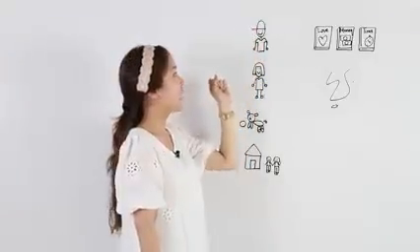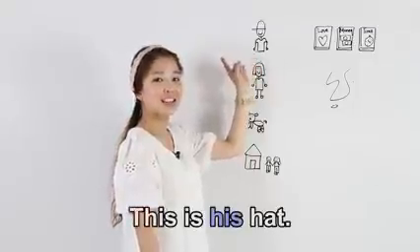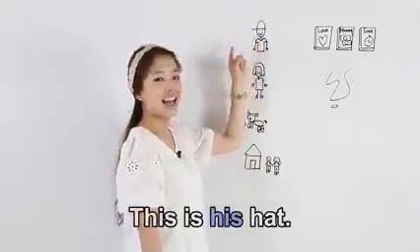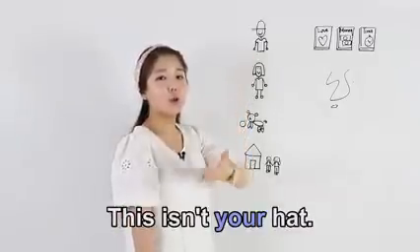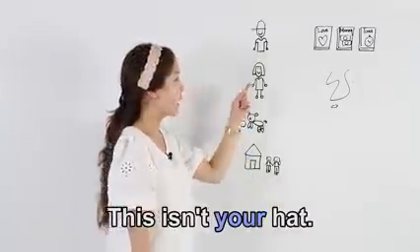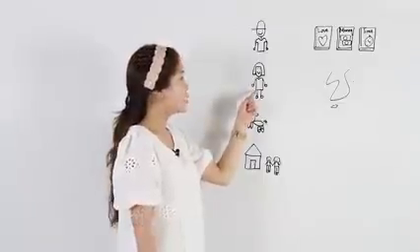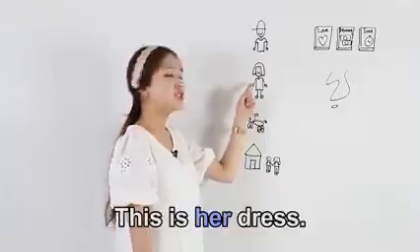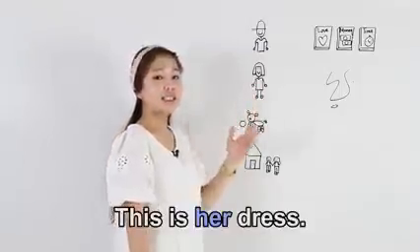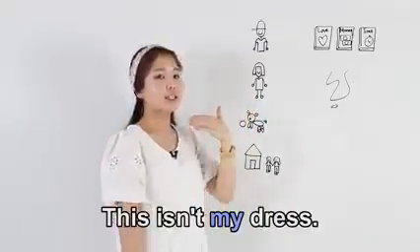So I have to say, this is his hat. This isn't my hat. This isn't your hat. And this girl has a dress. So this is her dress. This isn't my dress. This isn't your dress.